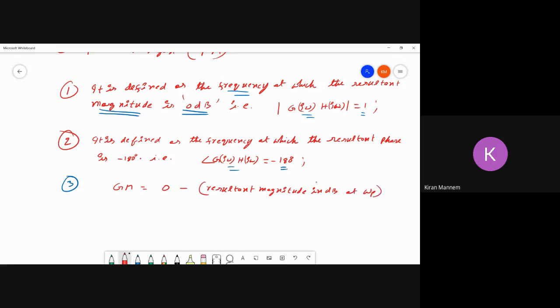I'll write it here. Here we define omega g, and this is omega p, and this is your gain margin. So this is very good.